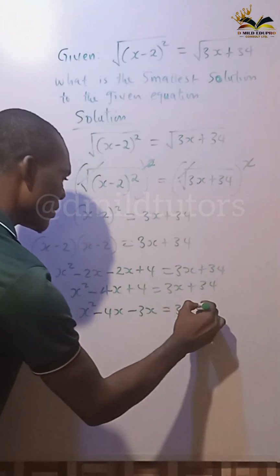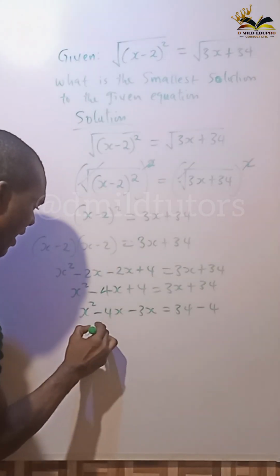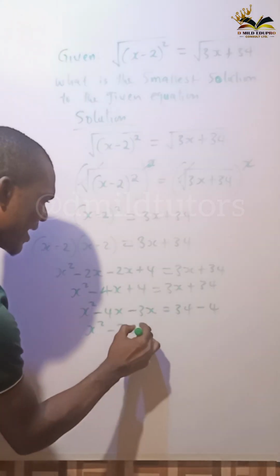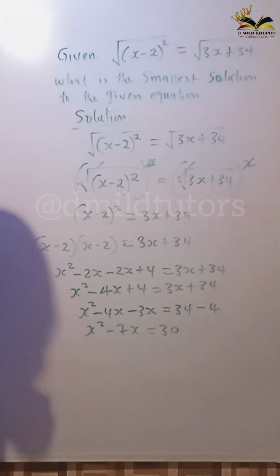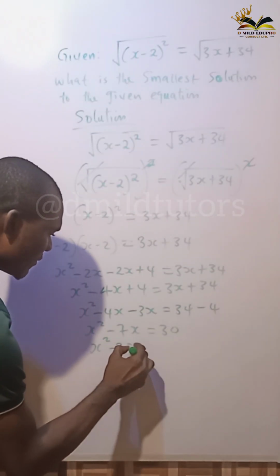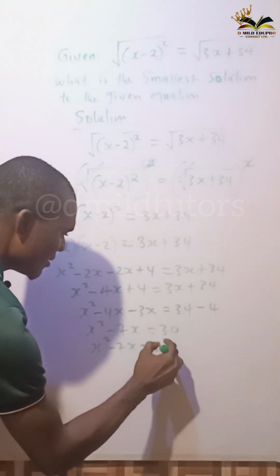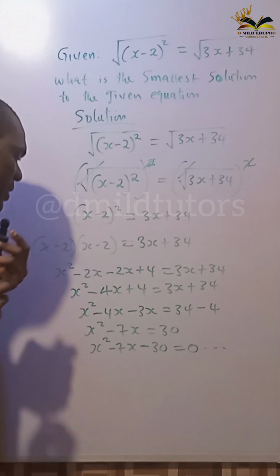If 4 crosses, it becomes minus 4. So now we have x raised to power 2 minus 7x equals 30, which gives x raised to power 2 minus 7x minus 30 equals 0. So we have a quadratic equation already.